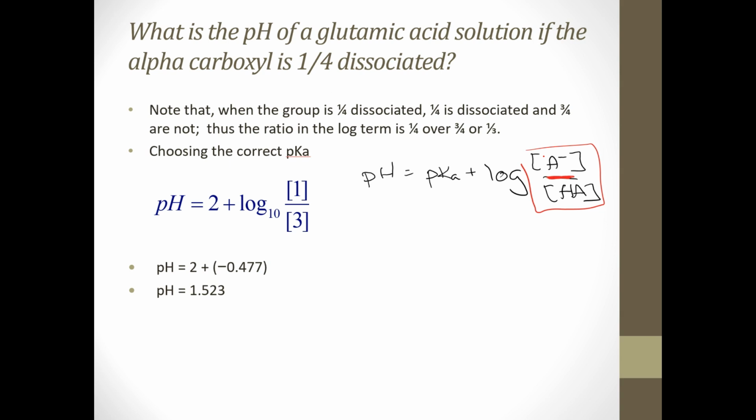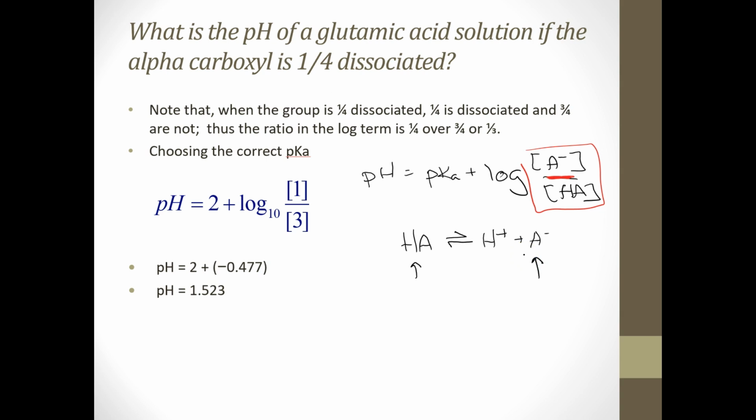you need to do two important steps here. Which version is dissociated? If we have any particular weak acid, this is the protonated version, this is the dissociated version.